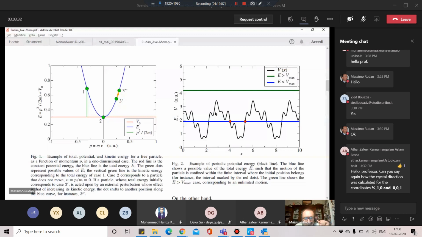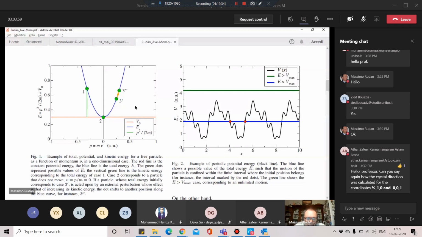The figure on the left is a diagram in which we consider a very, very simple case. The simple case is that of a free particle, a particle that is not subjected to any external force, okay? What does it mean?